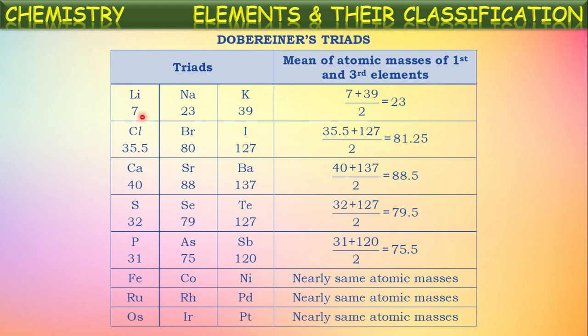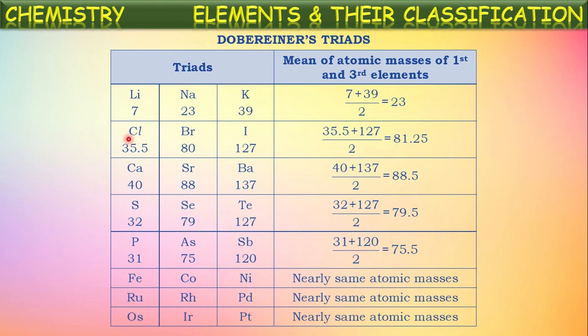The atomic weight of lithium is 7 and that of potassium is 39. The arithmetic mean of these two is 23, which is the atomic weight of sodium.